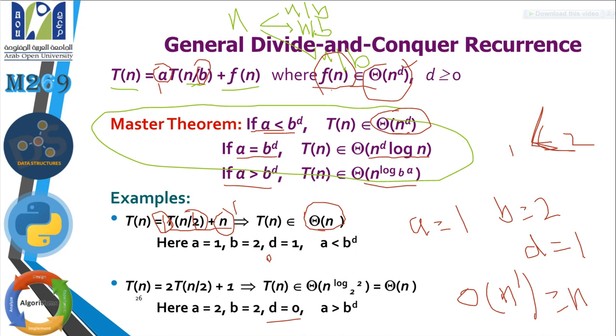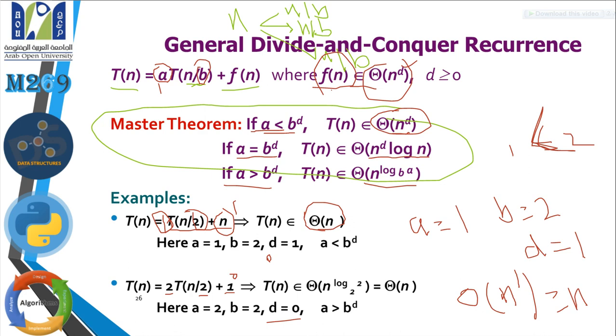Let me delete this. Again, this is the a, this is the b, and here is the power. 1 is to the power of 0. We consider this part for extracting the value of d.